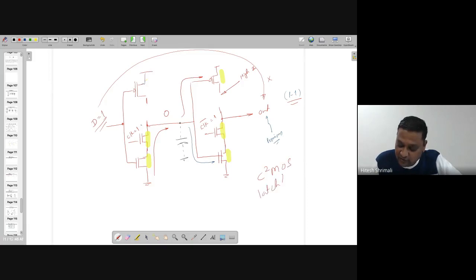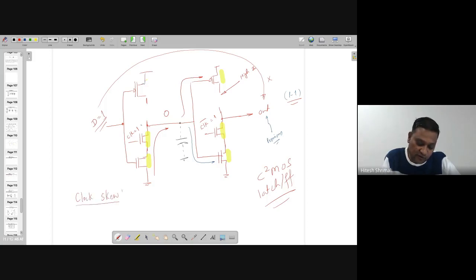Latch or flip-flop, you can say. This is one of the solutions for the case when there is clock skew. Now you must be knowing what is the meaning of clock skew. Clock skew is the one when clocks are getting overlapped, right? So during that time, if such things are happening, the basic solution might be the C-square MOS latch or maybe flip-flop, whichever you want.